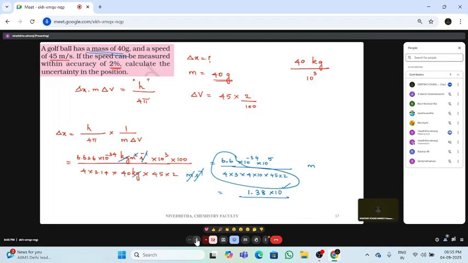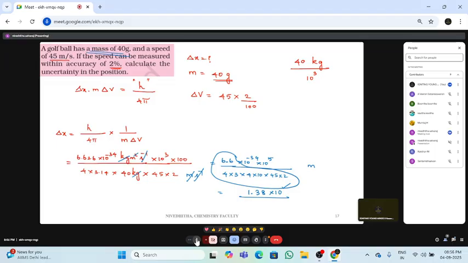So Heisenberg's uncertainty principle is applicable only to microscopic particles and not the macroscopic particles. For macroscopic particles, the error will be very, very negligible.